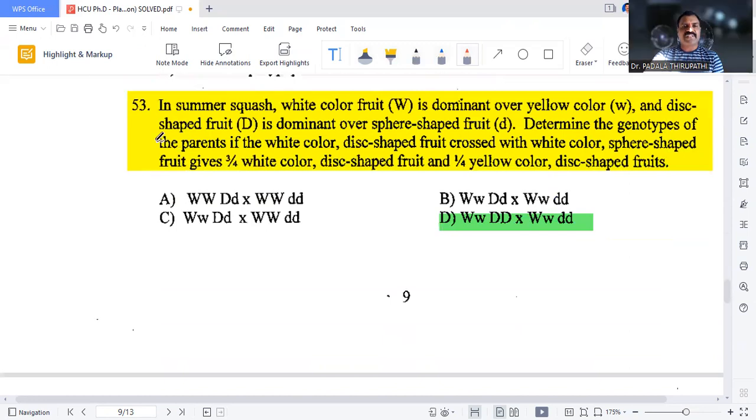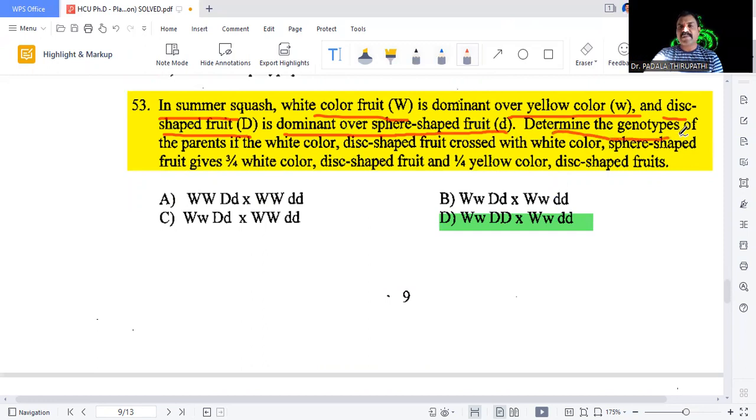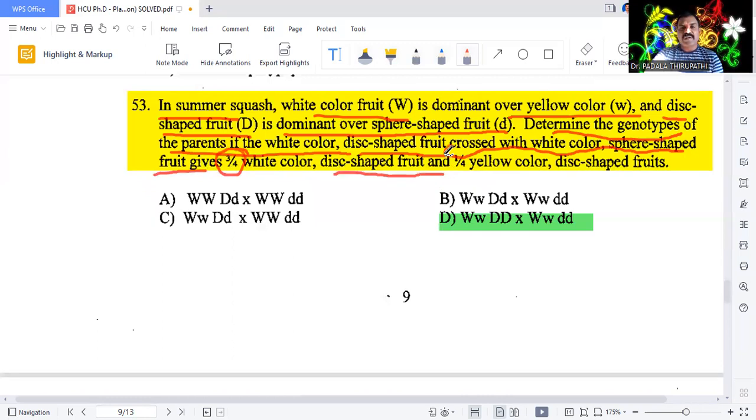Then 53. In summer squash, white color fruit, that is W, is dominant over yellow color, small w, and disc-shaped fruit, capital D, is dominant over spear-shaped fruit, small d. Determine the genotype of the parents if white color disc-shaped fruit crossed with white color spear-shaped fruit gives 3/4 white color disc-shaped fruits and 1/4 yellow color disc-shaped fruits.